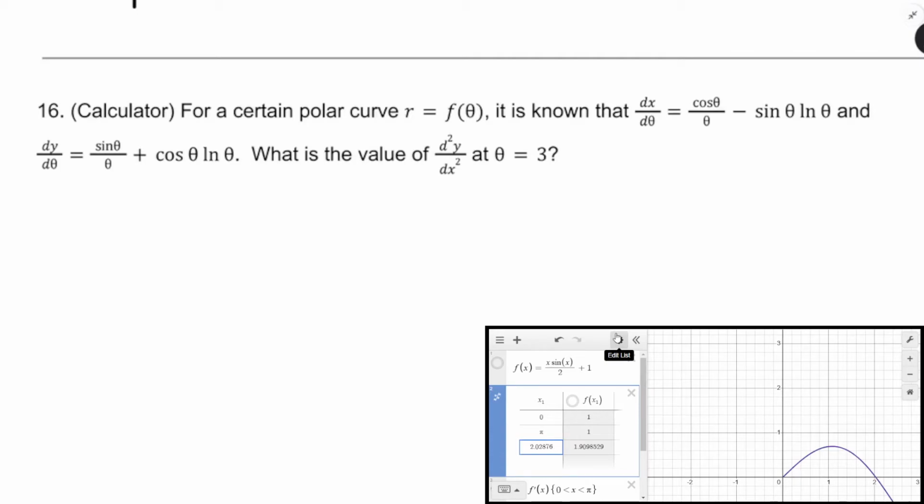But then I came to realize that, maybe it'd be a stretch, but this could be considered Calc BC because polar curves are parametric, and we have to find the second derivative of parametric curves, the second derivative of y with respect to x, and find the second derivative of everything, really. But we do have to find the second derivative of y with respect to x on parametric curves, and that could extend to polar. So what we're going to do is get an expression for dy dx.